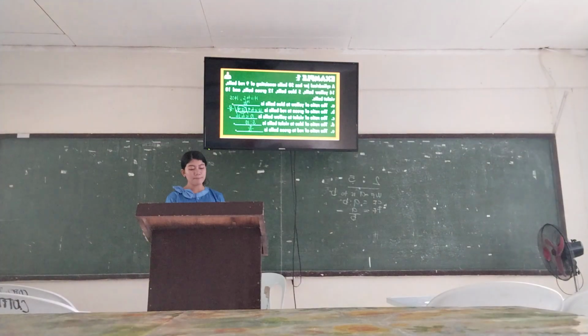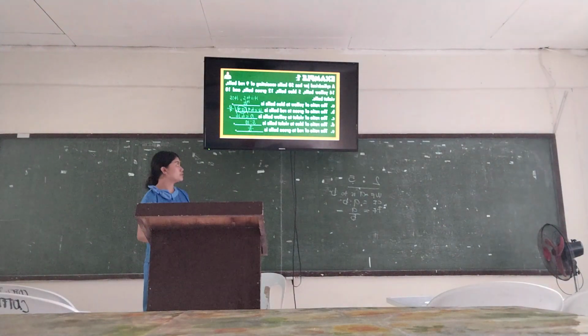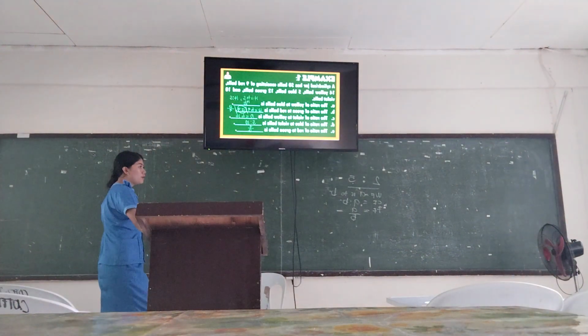We have here an example. A cylindrical jar has 50 balls consisting of 9 red balls, 14 yellow balls, 5 blue balls, 12 green balls, and 10 violet balls. As you can see in the example, the first ratio to show is the ratio of yellow to blue balls.